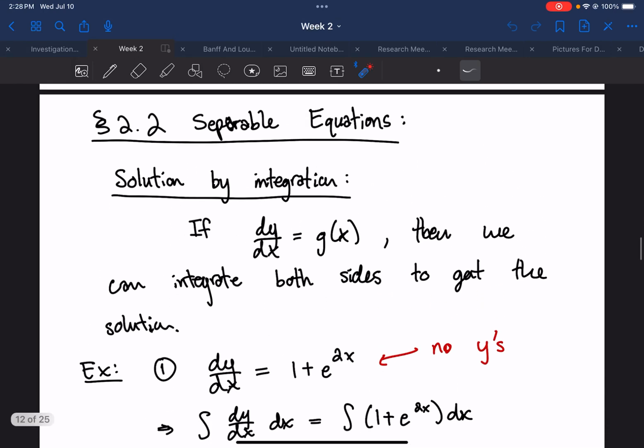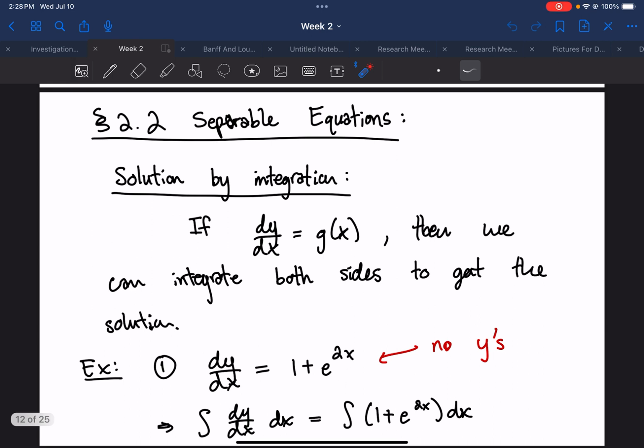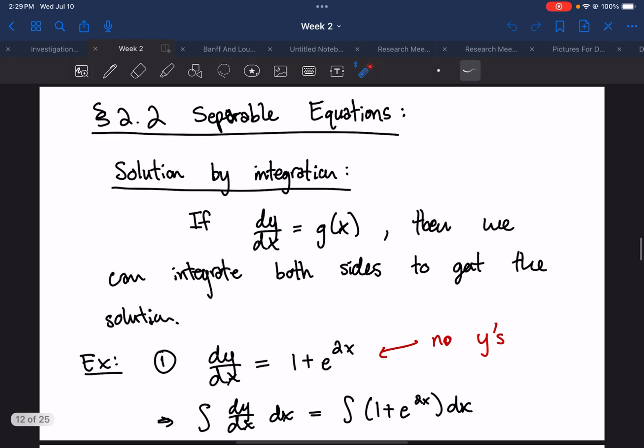Time for another lesson. Section 2.2, separable equations. So this is our fourth section now that we've covered, and we're finally going to learn how to solve a specific type of differential equation. This is the easiest type, separable equations.